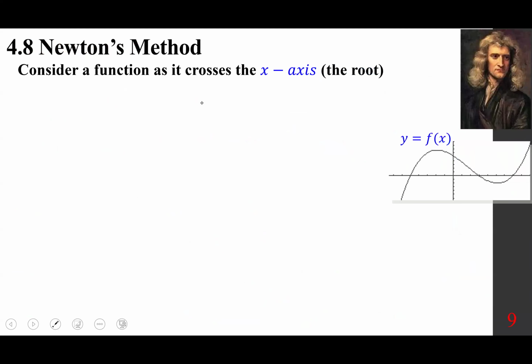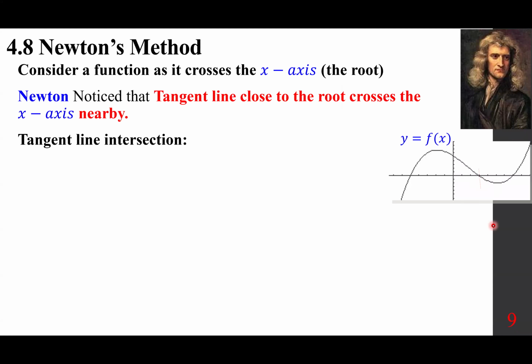All right, let's switch gears and go to 4.8, Newton's method. So we have a function y equals f of x. Consider a function as it crosses the x-axis. It has some roots, some zeros, where it crosses the x-axis.